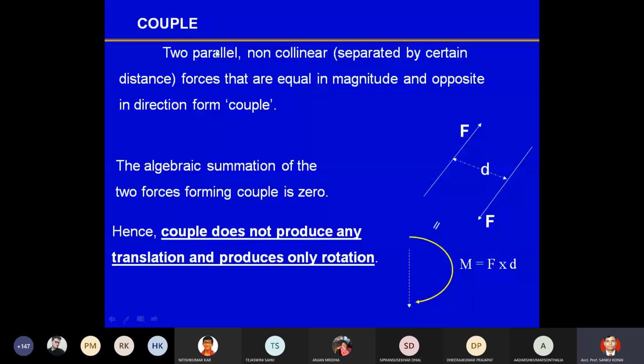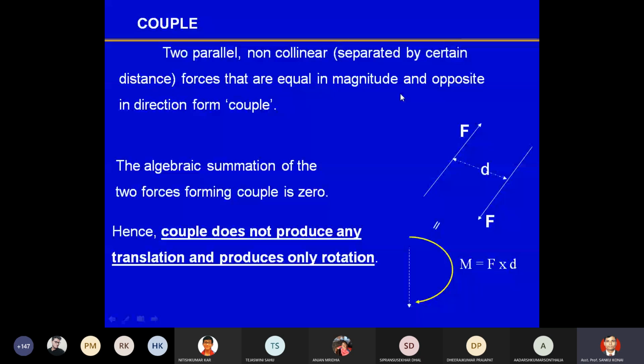Like here, F is a force, and there is another force of the same magnitude but in opposite direction. There are two forces separated by a distance d that are equal in magnitude and opposite in direction, and they form a couple.